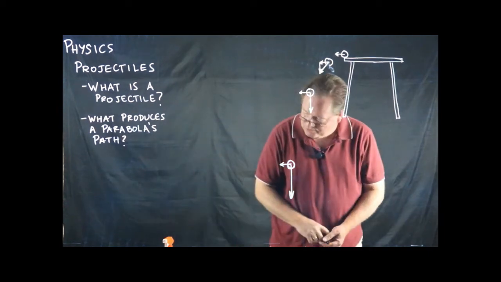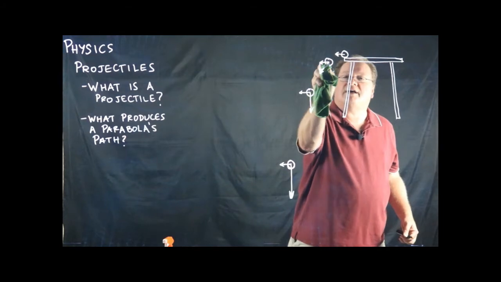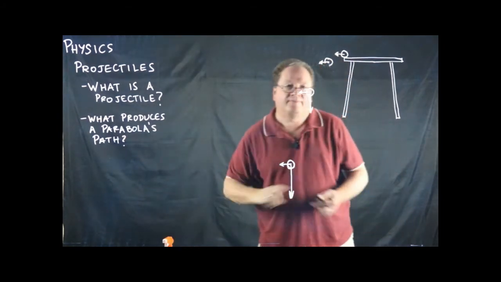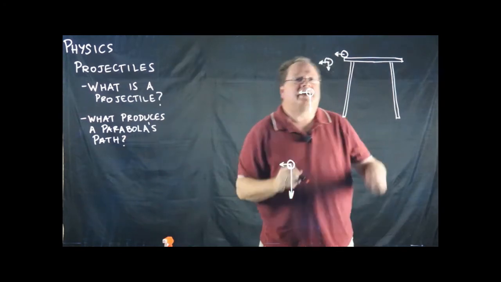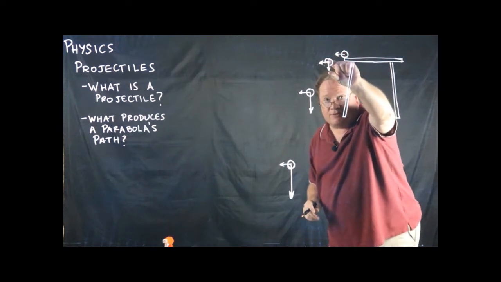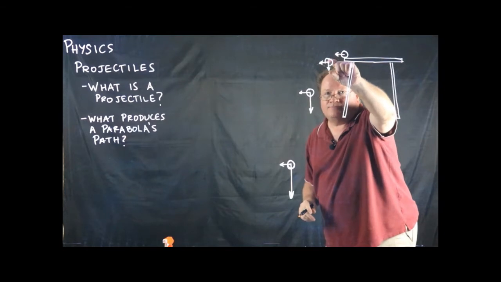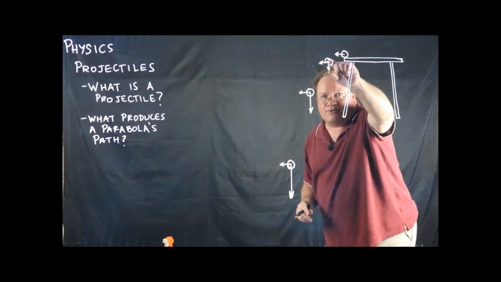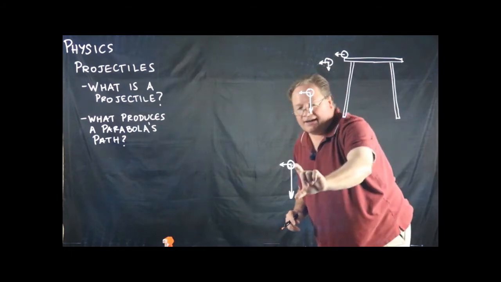And so we, in essence, went from having no vertical velocity, to getting a little bit of vertical velocity here, a little bit more here and a little bit more there.